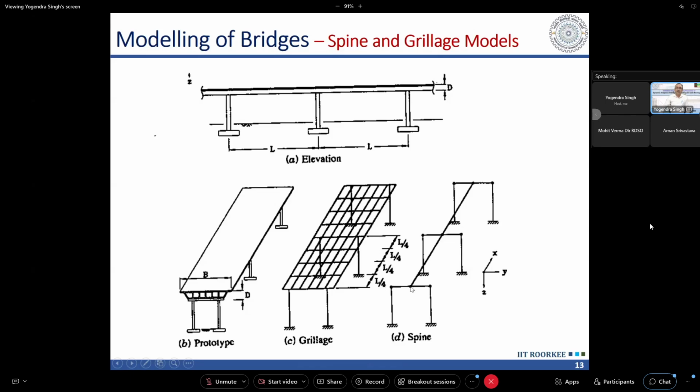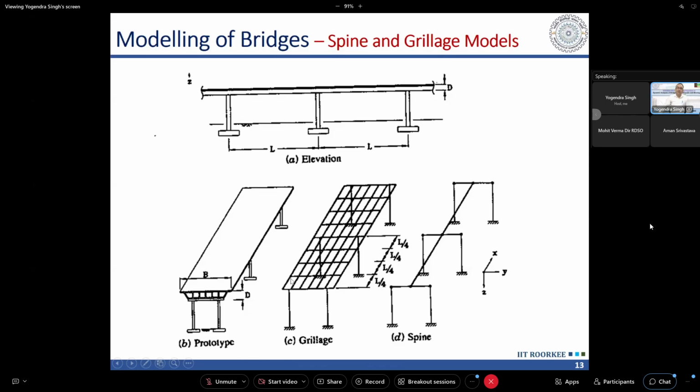and we can have a more improved model in which the superstructure is not represented by a single beam but a grid of beams, which we call grillage. The beams are running in the longitudinal direction as well as in the transverse direction. This model will be shown today in the afternoon session in more detail, where a bridge will be modeled using this grillage.